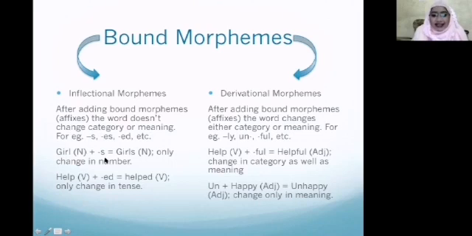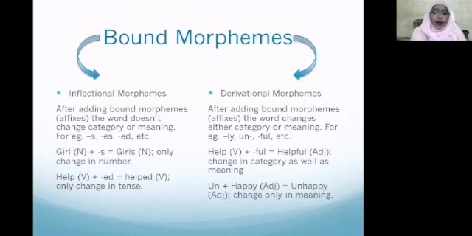When we add s, it becomes girls. So what happened? The meaning is still the same. Girl or girls, it is the same meaning. It is not changing the meaning. And girls is also a noun. Even after adding s, the category is the same. And only what is changed? Only the number is changed. One girl is girl, more than one is called girls.